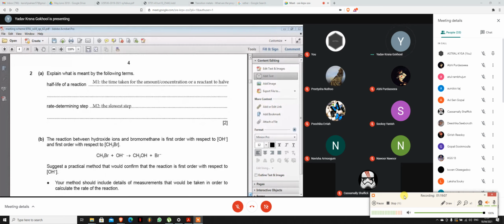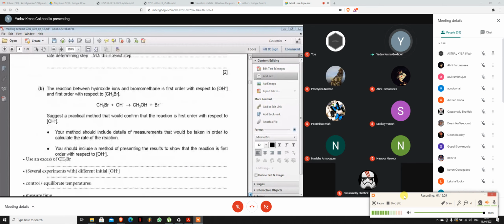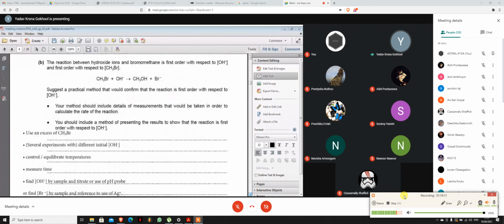2A, simple definitions. 2B, we have something like that in our notes. So what we have to do, we have to change the concentration of OH minus.